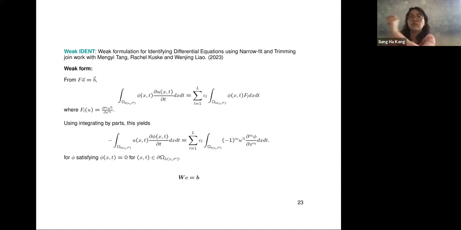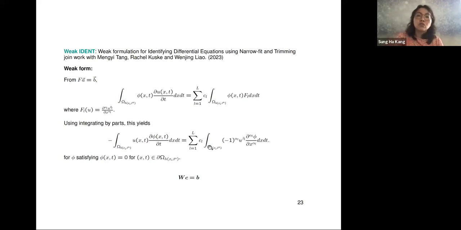We only have discrete values. But the test function, we can decide. So all of the derivatives move into the test function. But because of this, if you want to utilize integration by parts, your feature terms have to be of a specific form. But most of the equations that people care about, like the KdV equation, the KS equation, all satisfy this. That's why the weak form is powerful in this way.